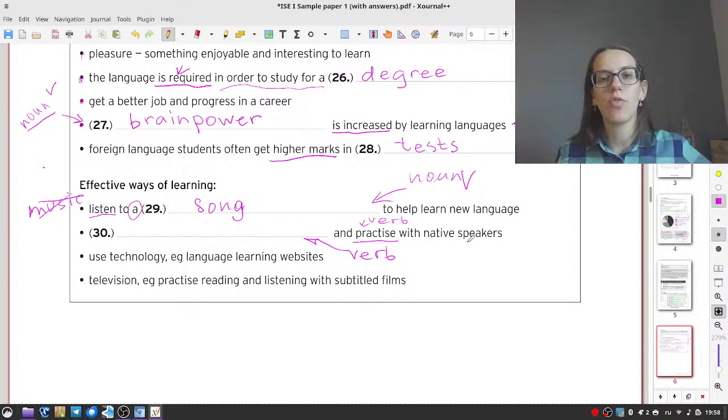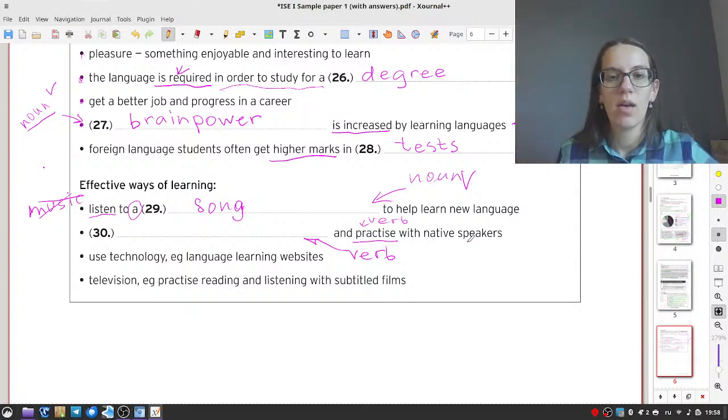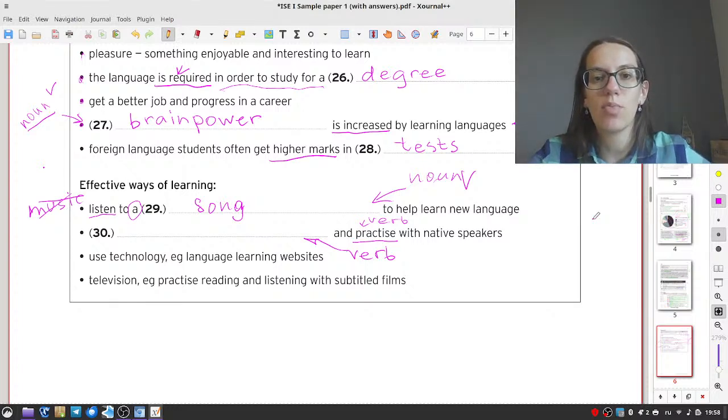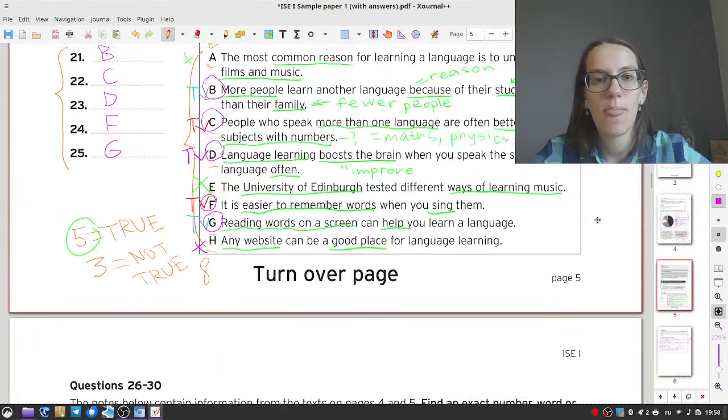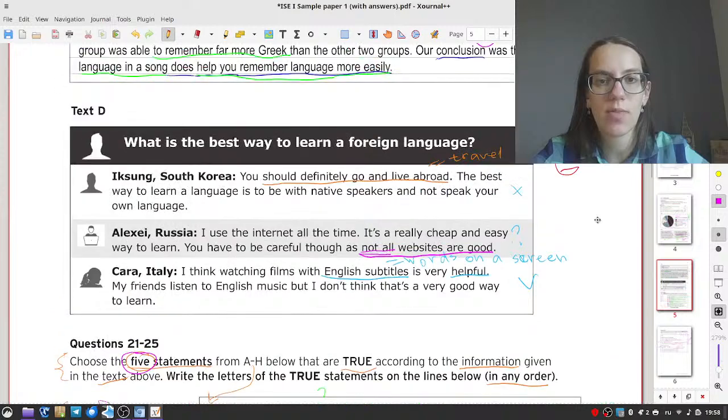So we're looking for a verb, and we need to do something and practice with native speakers. So which text talks about practicing with native speakers?